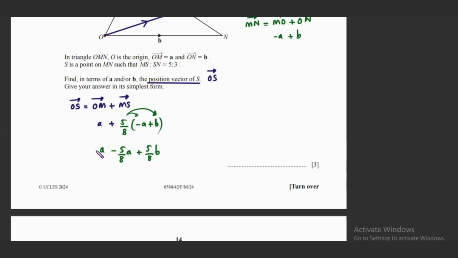In front of this A there's no number, which means we have a whole number here. So that's going to be 1 minus 5/8, which is 3/8. So 3/8 A plus 5/8 B.